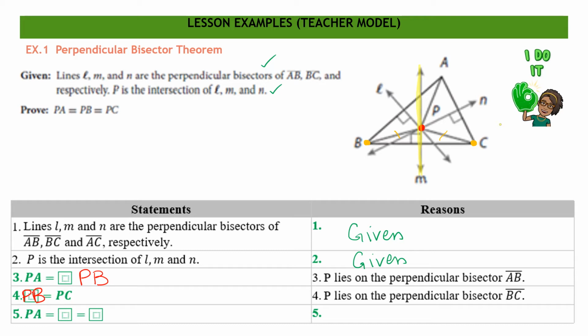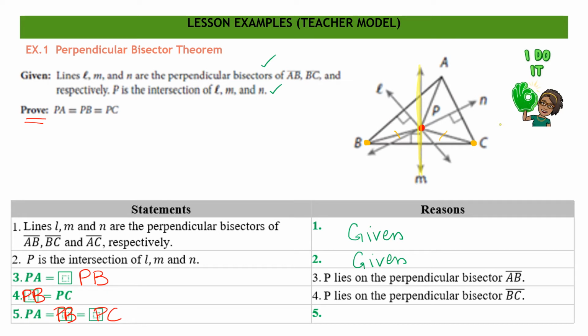The last statement is what we're trying to prove. From statement number 3, PA is equal to PB, and from statement number 4, PB is equal to PC. But what reason would make this true?